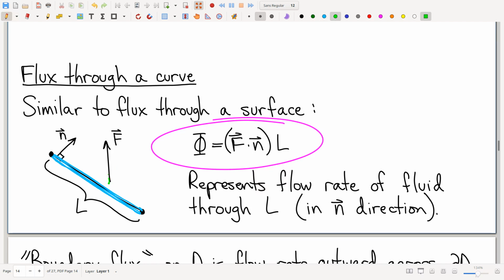And if your fluid is going like this, then you're going to be looking at a parallelogram like so, and you're going to compute not the volume, but the area of fluid that passes in a given amount of time.